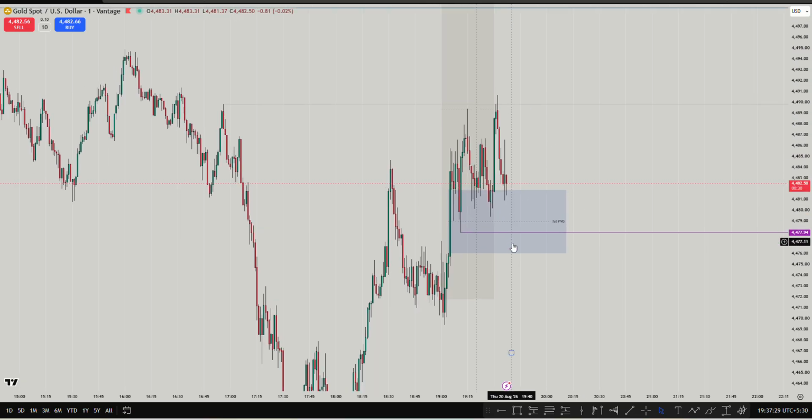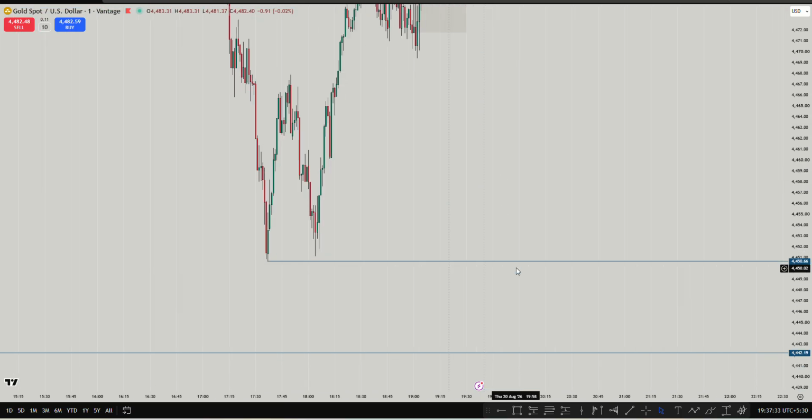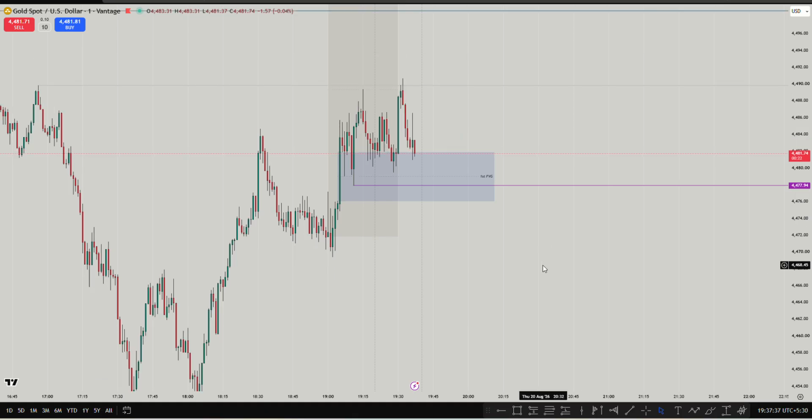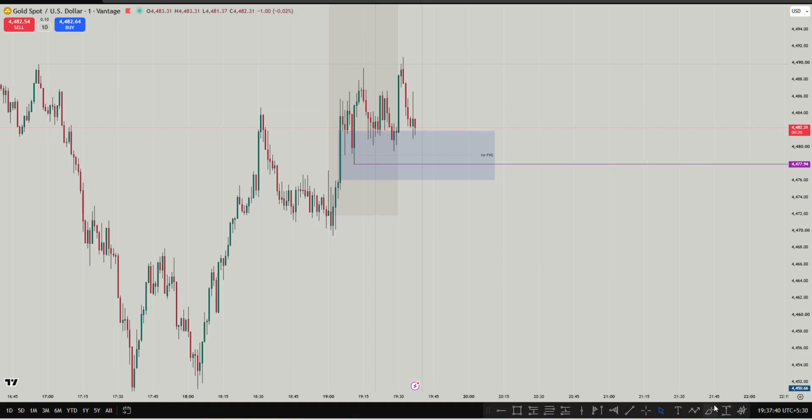Let's see if we come down below that fair value gap, then we can target these liquidities. But again, we don't get that entry in that macro. I think we should look for these macros.